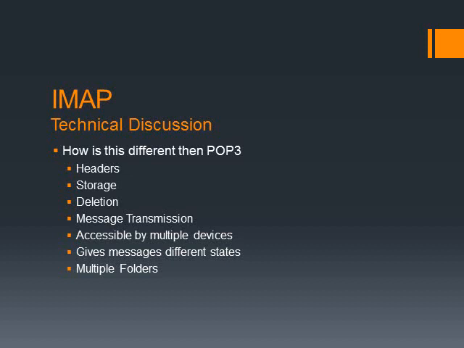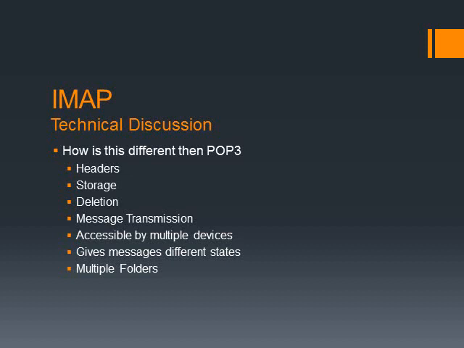Once you're done with it, you can either delete it or keep it, but it always stays stored on the server. I think that's my next point, which is storage. With POP3 servers, none of the information is stored on the server. With IMAP, all the information is stored on the server, and that's where you access it.